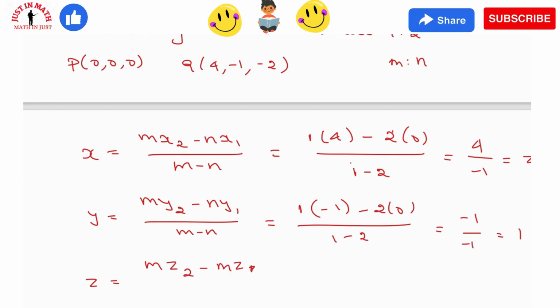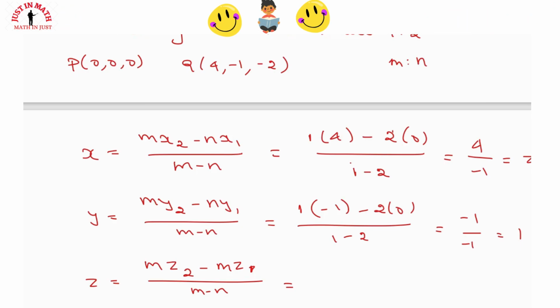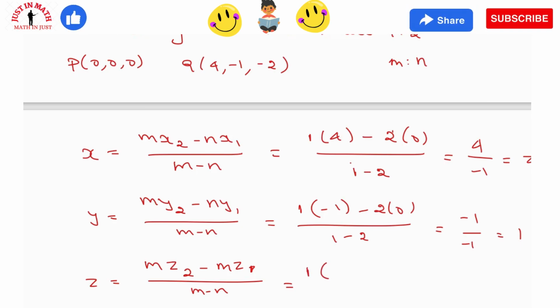And the third one, z, is equal to m z2 minus n z1 divided by m minus n.